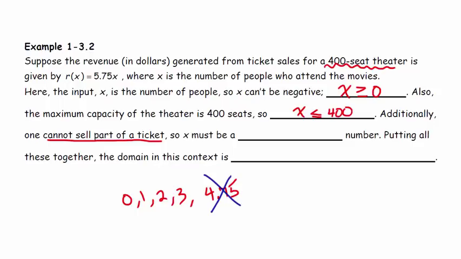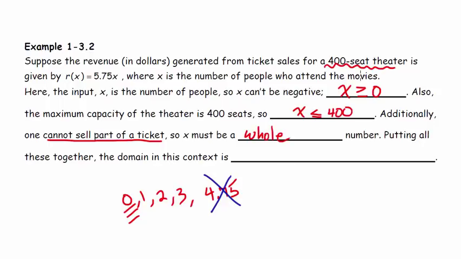So if you remember back to section 1.1, we had natural numbers, which are our counting numbers, but because we want to include 0 here, that would be a whole number. The next step up would be integers, which would include negatives, but we don't want the negative whole numbers. We can't sell negative tickets, so x must be a whole number.